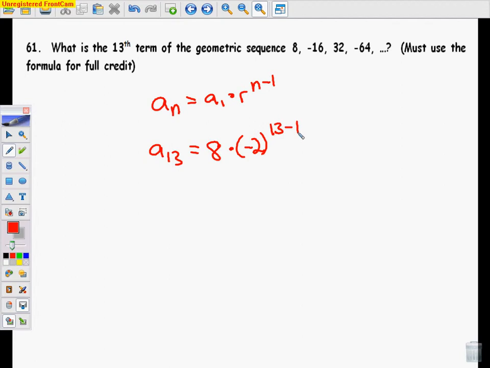And we know that 13 minus 1 is 12. So we're just going to simplify that right away. When you plug all of that in your calculator, the value you get out is 32,768. So that will be the 13th term of our sequence.